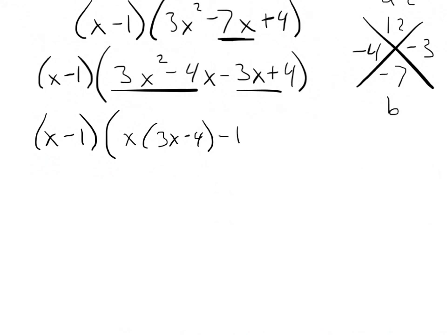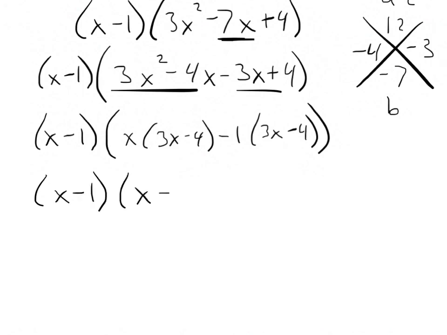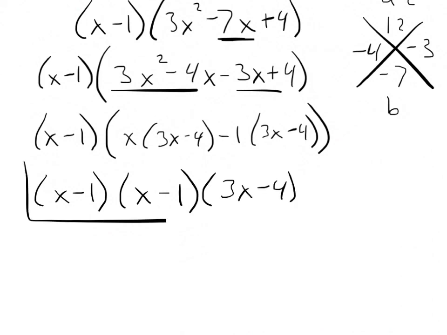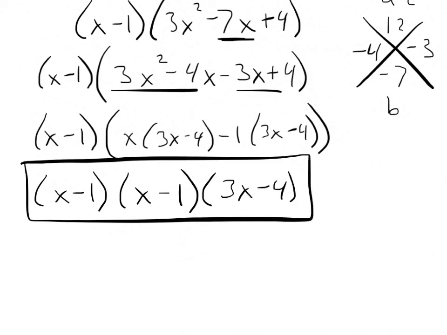We just pull out minus 1. And then, because these two things are the same, and you guys know this factoring method, we can put those things together, and we end up with x minus 1, because it was there all along, another x minus 1, and then 3x minus 4. Okay?